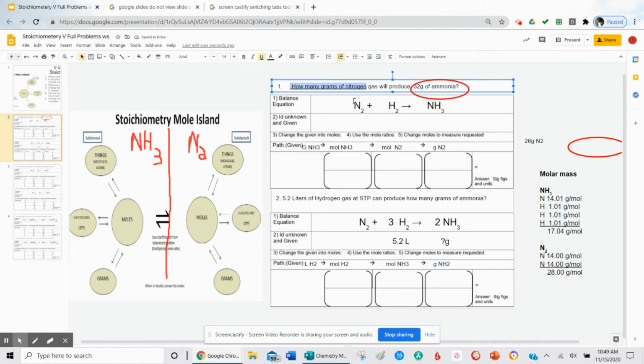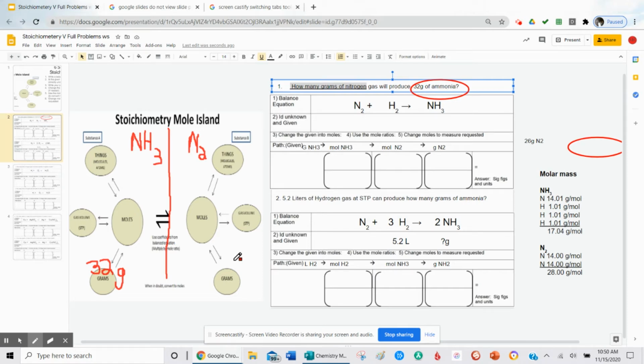So when I go to my path, you can see we're starting with 32 grams of ammonia right over here. So 32 grams. I'm on my ammonia side. And where am I going to?